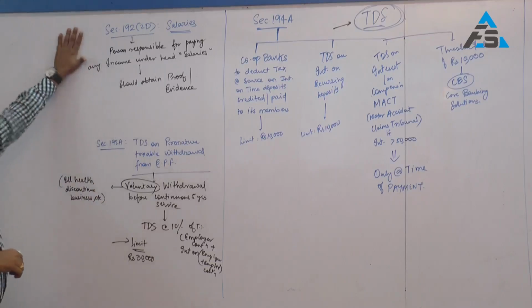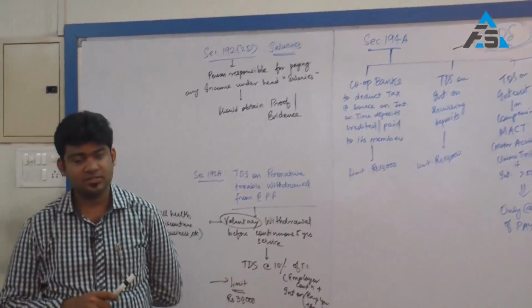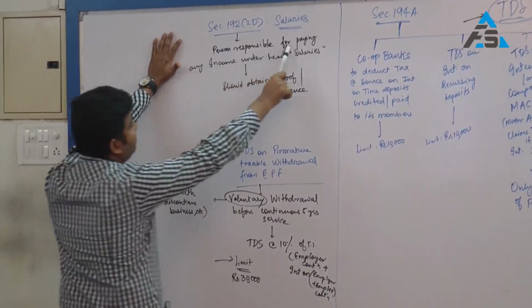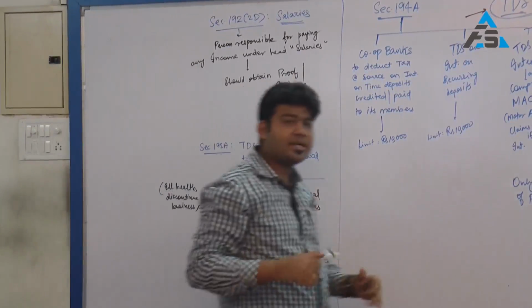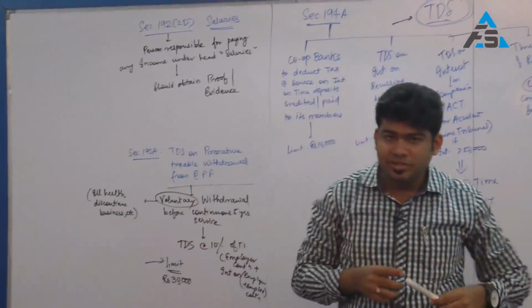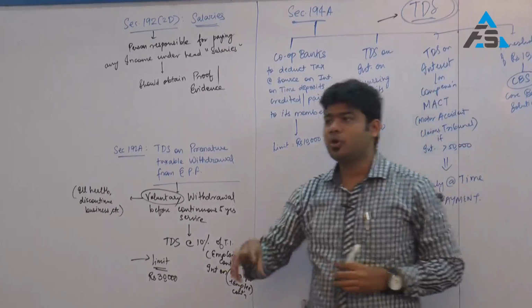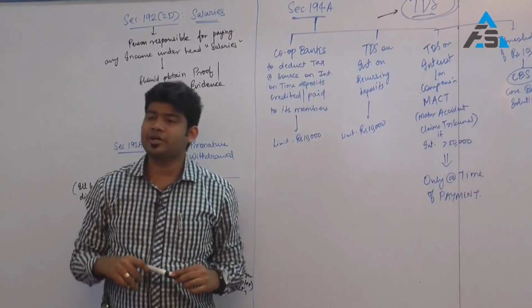Now, coming quickly to the provision, section 192(2D), salaries is the chapter. So here, person responsible for paying any income under the head salary. Now what happens is, there is an employer-employee relationship in the context of salaries. I was an employee with a multinational company when I cleared my chartered accountancy examination and joined a company.